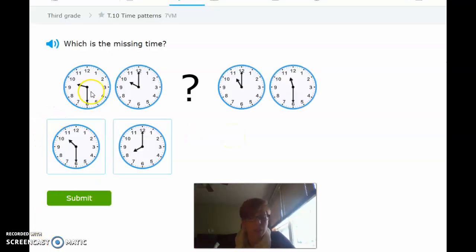And on these clocks, it looks like the minute hand is moving a specific way. We've got 9:30, 10 o'clock. Then over here, we've got 11 o'clock, 11:30. So let's look at how that minute hand is changing. It's going from 9:30 to 10 o'clock.